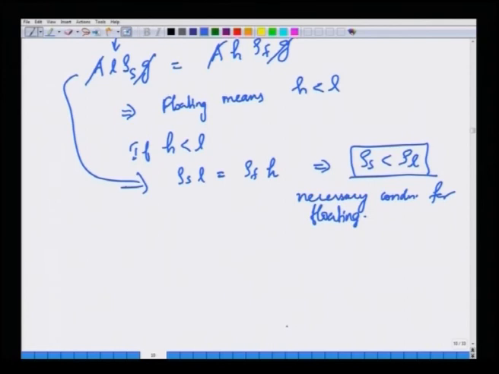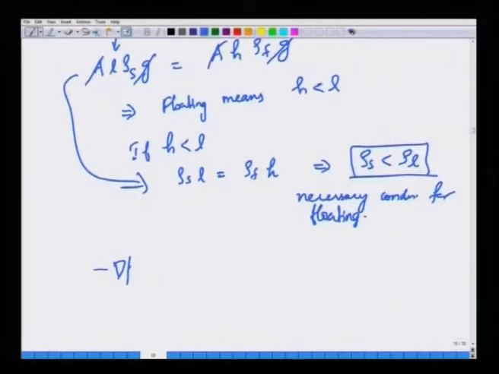So, this completes the basic concepts that can be obtained by simple considerations of a fluid under static conditions. Just to recapitulate, we first derived the governing equation for fluids under static conditions, which was simply minus del p plus rho g is 0. Using this, in this lecture we derived the fundamental equation for manometers, the principle of manometry, and then we introduced the notion of atmospheric pressure and barometers.